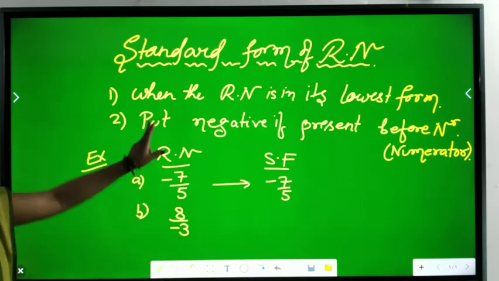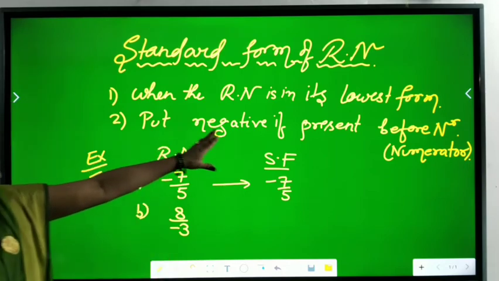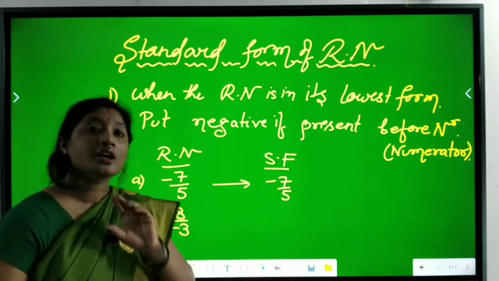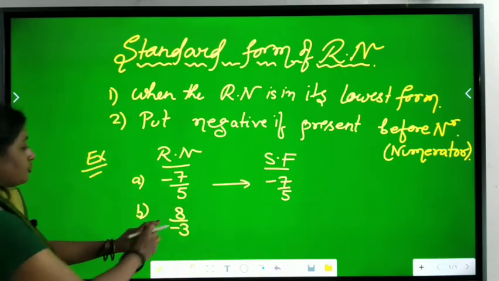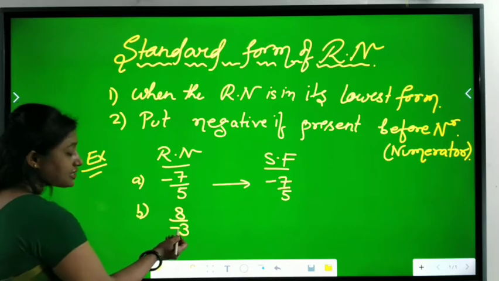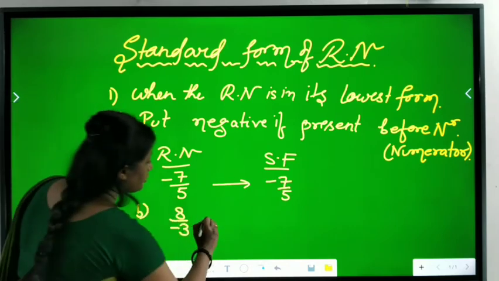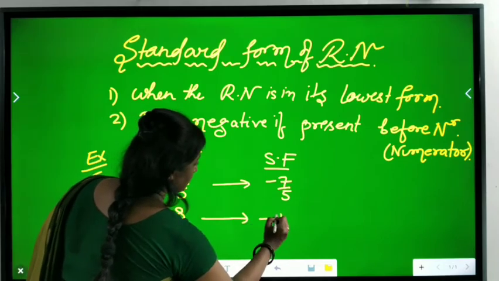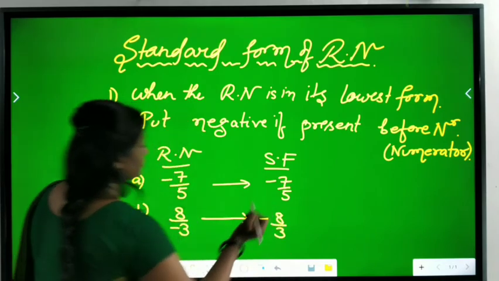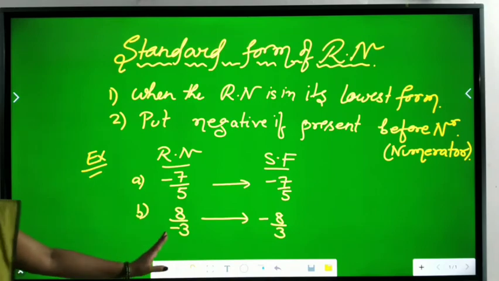Now look to the second criteria, that is if negative sign is present, you have to put it before numerator. So we can see easily here that negative sign is before denominator. Just change it into numerator. We can write here minus 8 by 3. This is the standard form of this rational number.